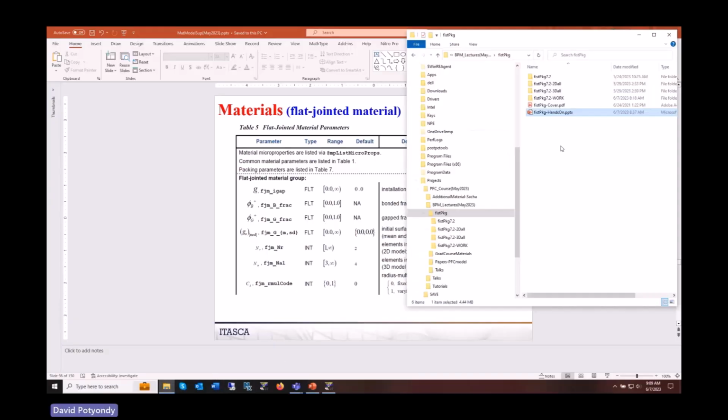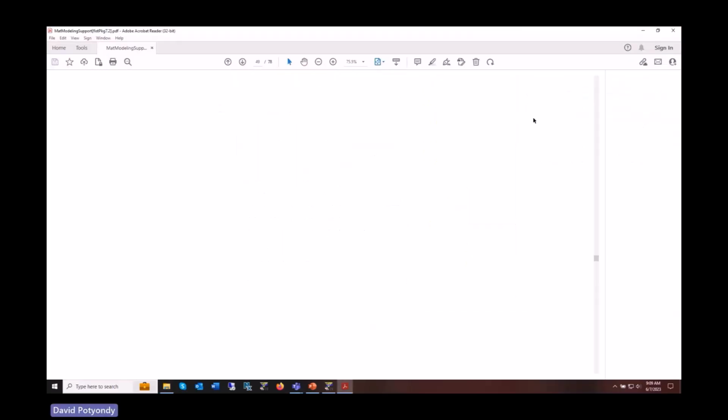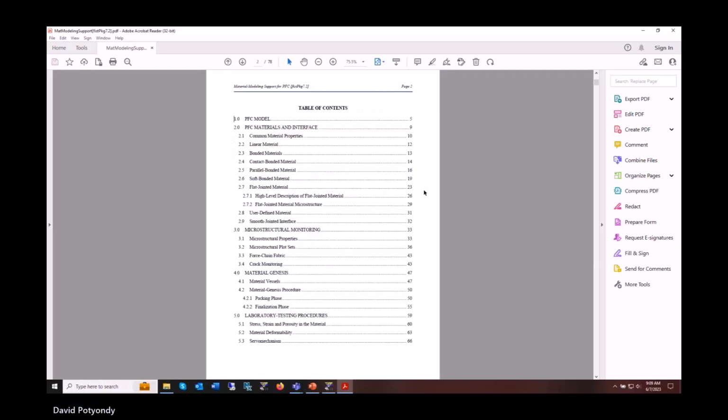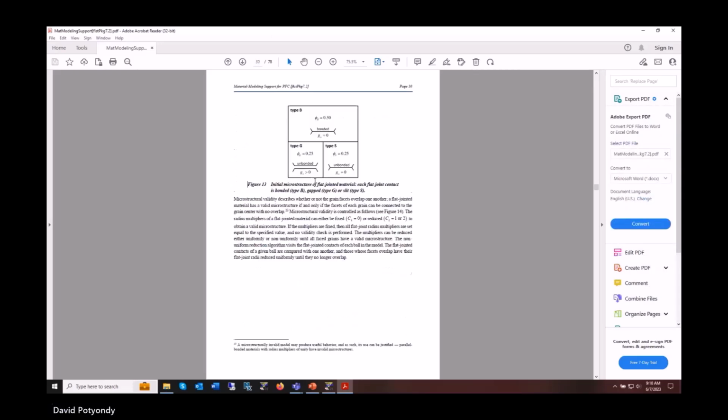Let me actually open up the documentation and show you the picture I want to show you. So I'm going to go to flat jointed material microstructure, page 29. There we go.